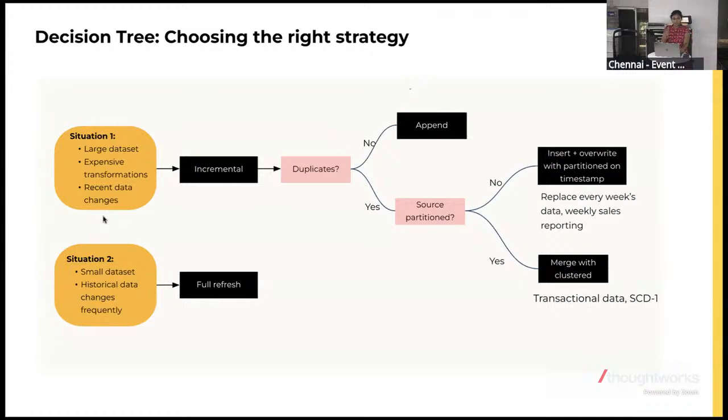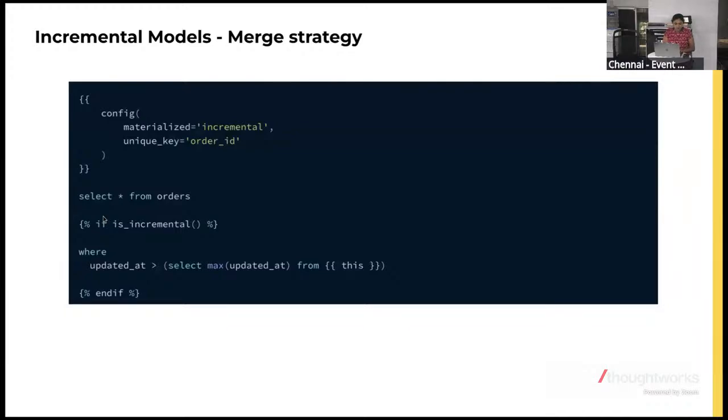we have multiple strategies. The main thing is how we choose the right strategy. That is really important. Even in the merge strategy, where I have just mentioned the unique key, it will still have to scan the entire table to find where that unique key is present. Correct.